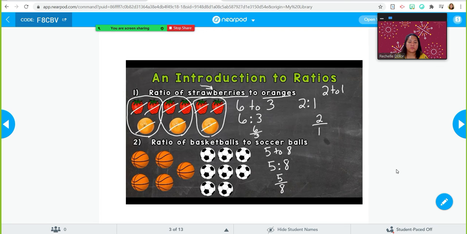Now this particular ratio cannot be simplified. The greatest common factor and only factor between 5 and 8 is 1. So this is simplified. So for every 5 basketballs, there are 8 soccer balls. And remember, basketballs needed to come first because it came first in our original problem.